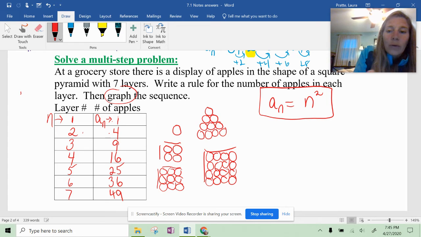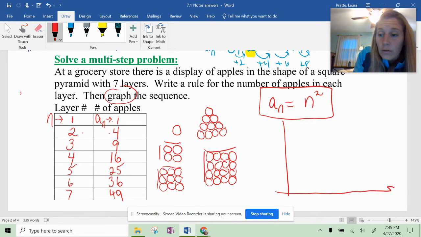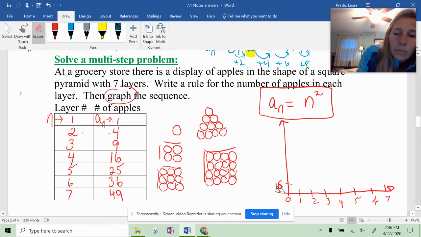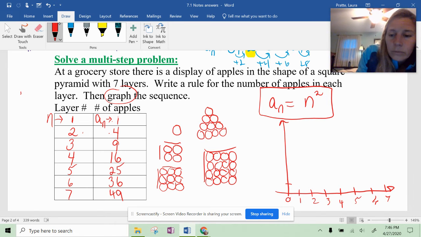Now, when it says to graph, well, we already have our input-output table here, and you can also do this on your graphing calculator. So if I have 0, 1, 2, 3, 4, 5, 6, 7. This is an exponential graph, so I'm just going to go by, actually, I'll go by 5s. So 5, 10, 15, 20, 25, 30, 35.